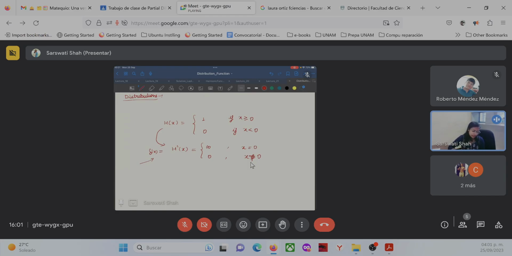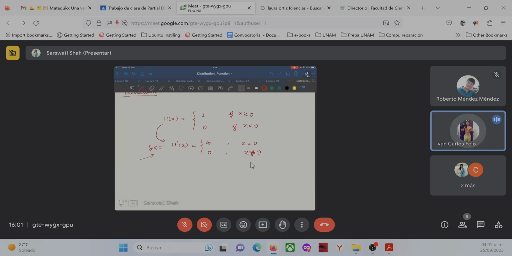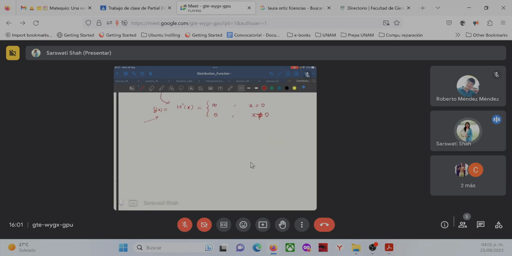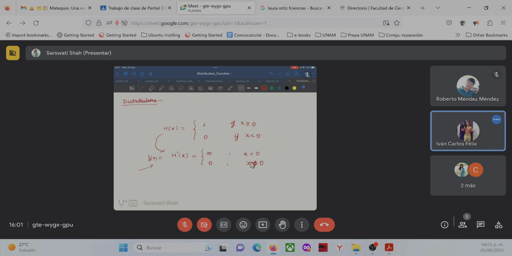So that's why I just defined this thing. If at some points you feel that you already know, just tell me. I don't know about the topic. I just know the identities. Yeah, I'm going to give you proof of those identities. I don't know anything about the theory of distributions. Yeah, so I am going to give the proof.